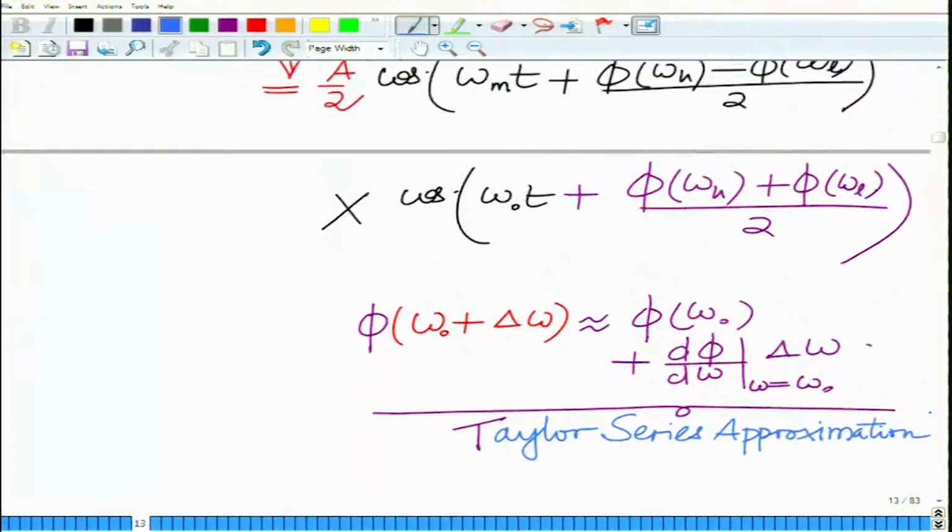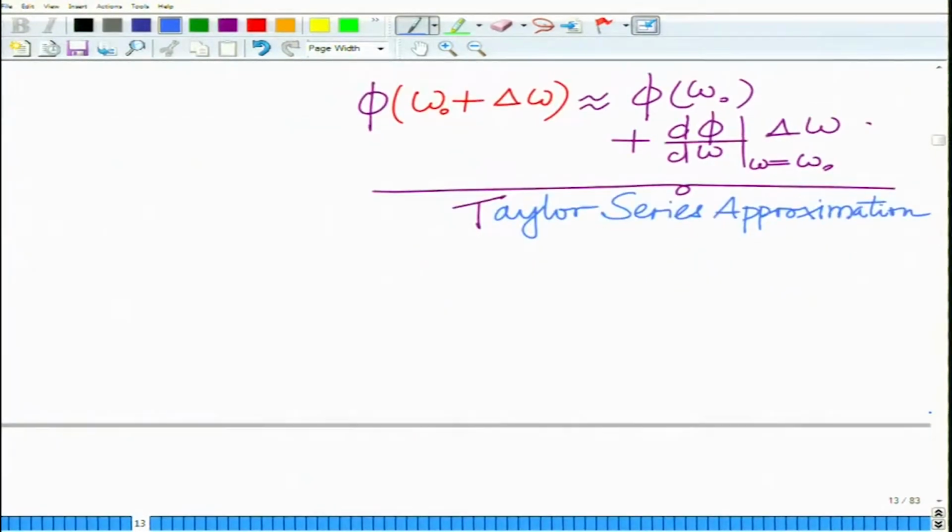This is the Taylor series approximation, which implies the net output can be simplified as follows. Let us look at phi of omega_H.